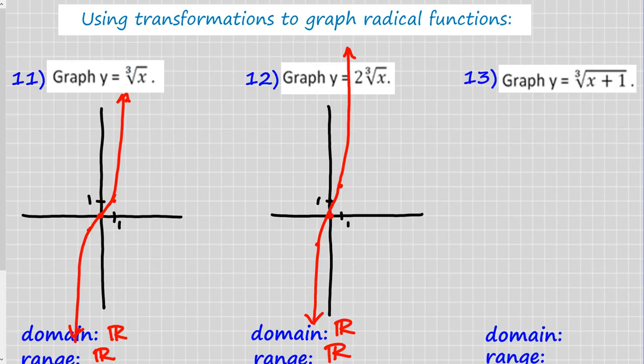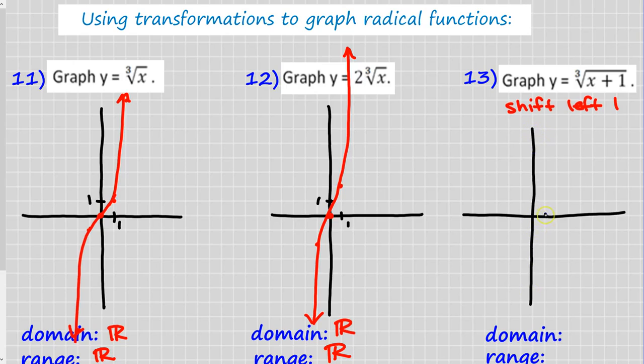And finally, the graph of y equals the cube root of x plus 1. Think about what adding 1 inside the function does to it. That's going to shift it to the left 1. So if we take our original graph and shift it left 1, oh boy, my lines. Okay, that's as good as it's going to get. The point (0, 0) is now at the point (-1, 0).